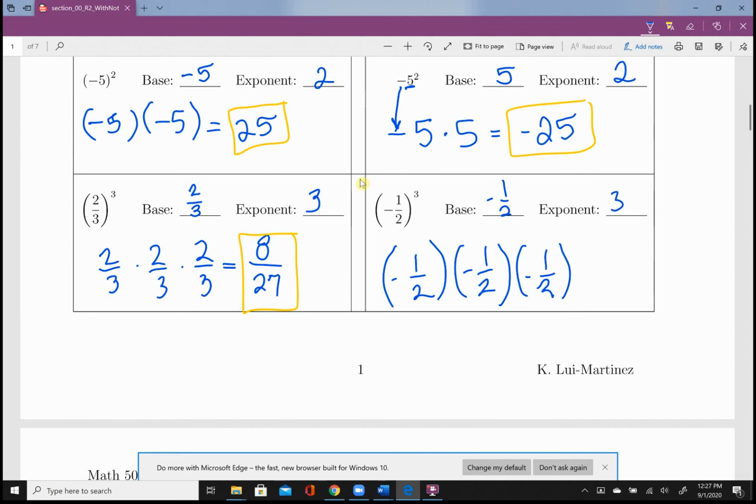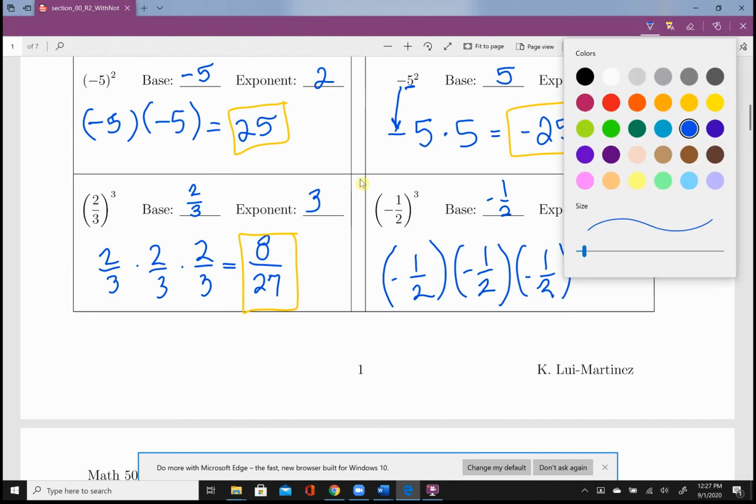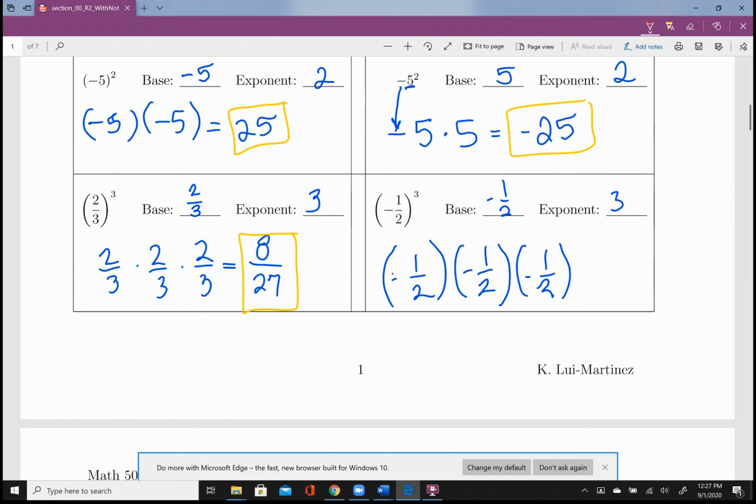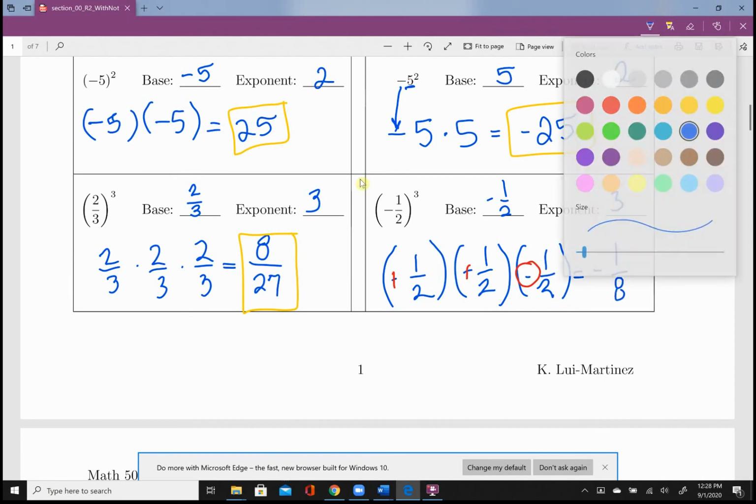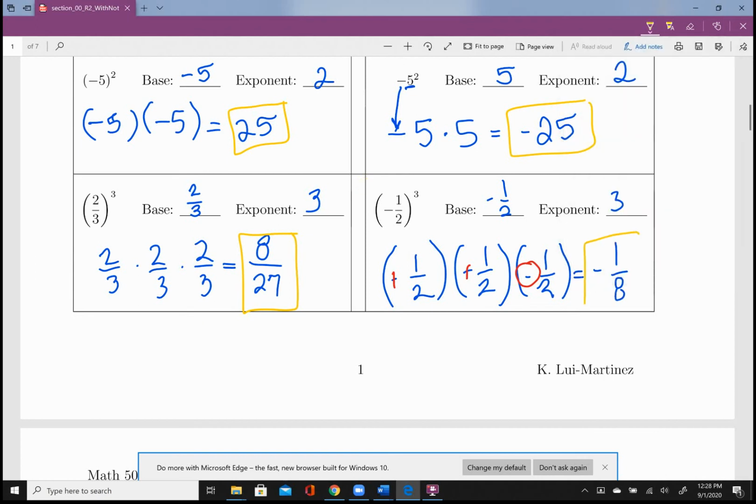These 3 negative factors have the negative signs cancel out in pairs, so there is still a negative sign left over. So that indicates that the ultimate product is going to be negative, and it'll be a -1/8. Cool. So that's that. Moving on to the next thing.